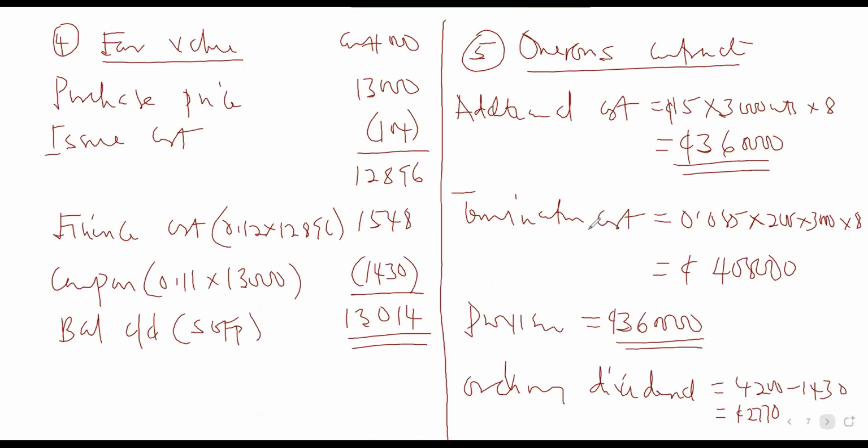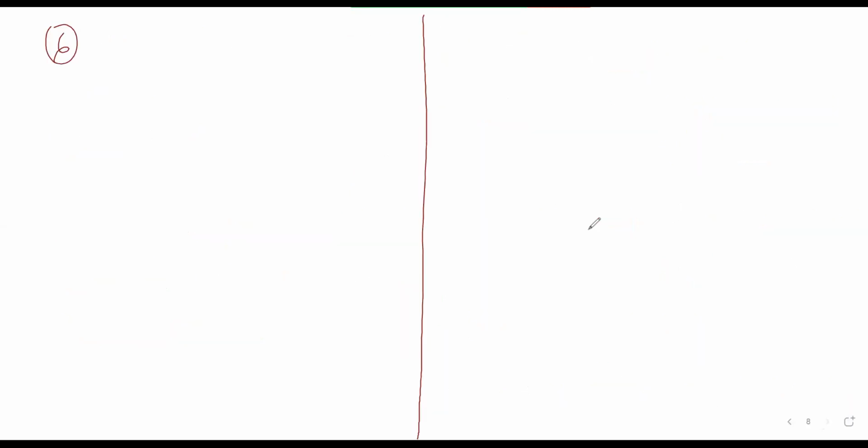So what is the difference? They should have added 26,911, but they have added 27,581. So it means that they have added 670 in excess, isn't it?